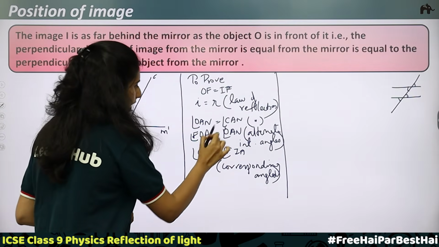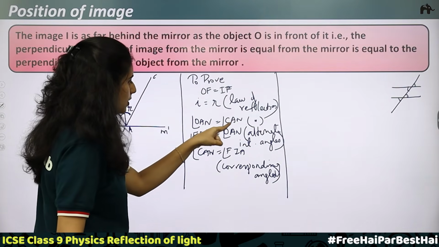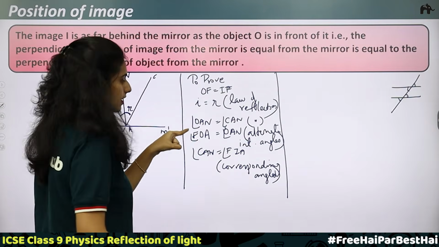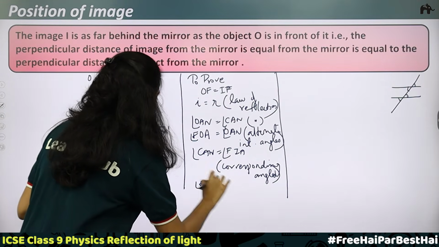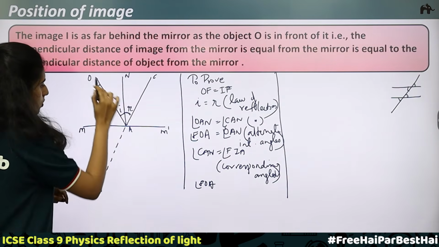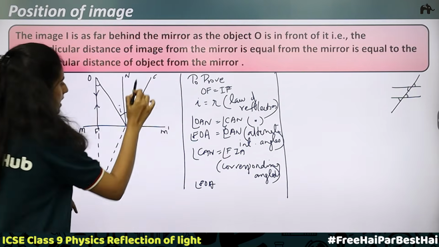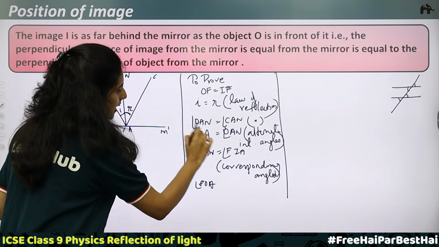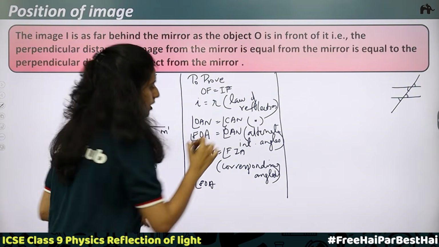OAN and CAN are equal. If OAN is equal to CAN and OAN is equal to FOA, then we can say that angle FOA will be equal to CAN. Because when you consider the left side of this part and the right side of this part, they are equal.